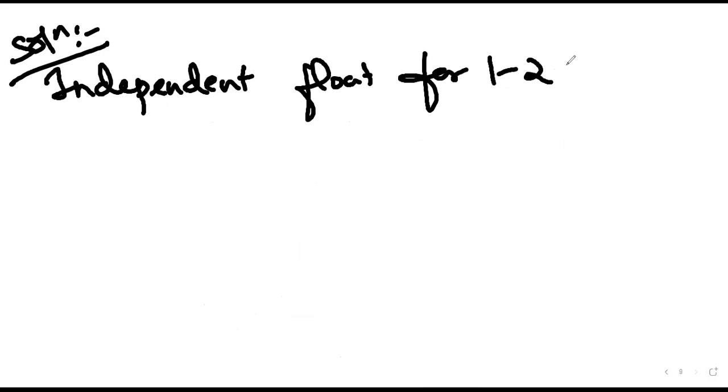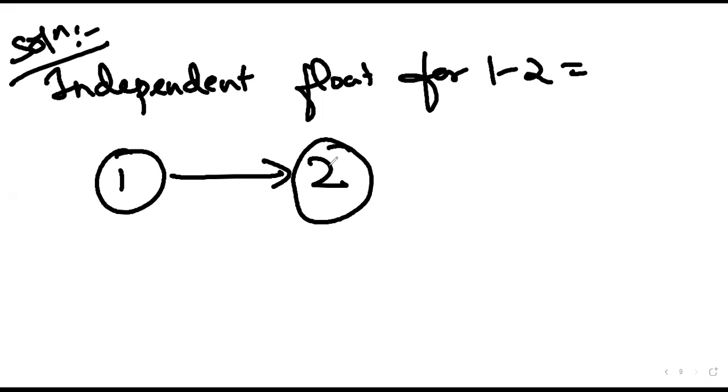Independent float for 1-2 is equal to, we have 1-2. What comes after the 1-2 activity? What is the next activity? 2-3. Only one activity, is it right?